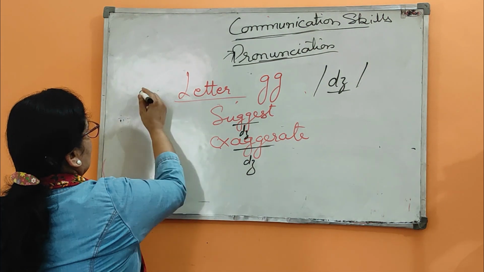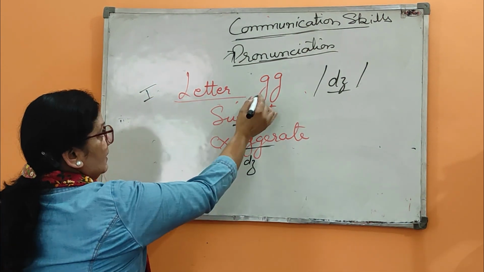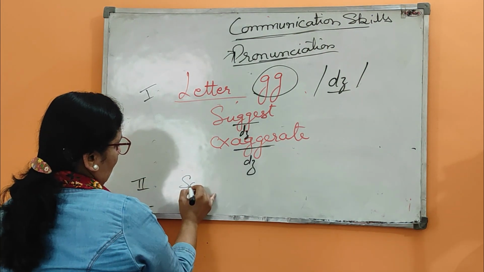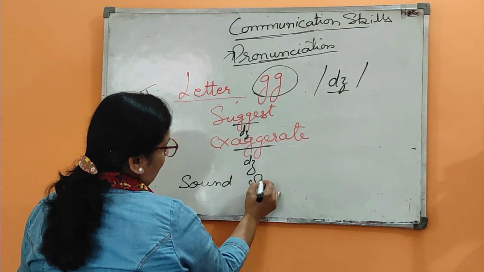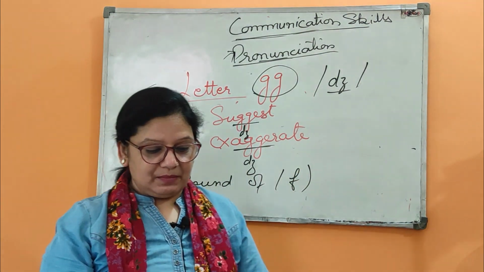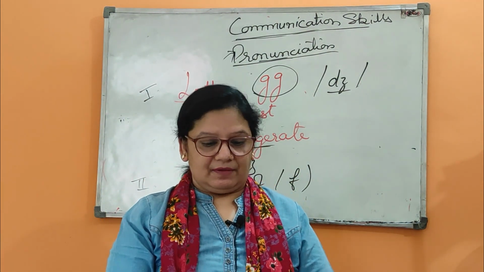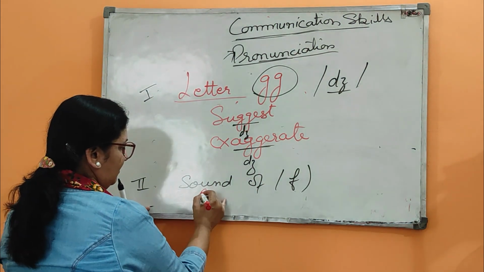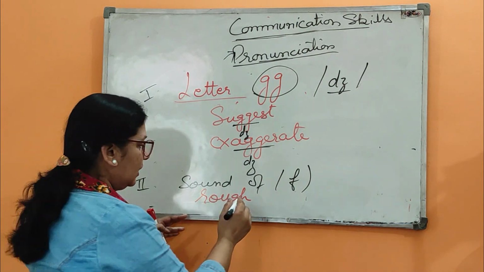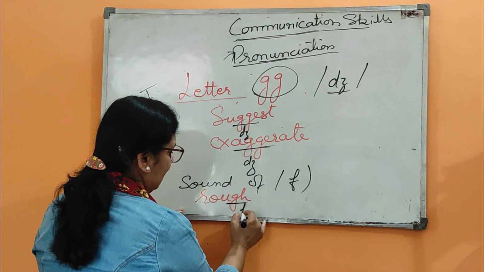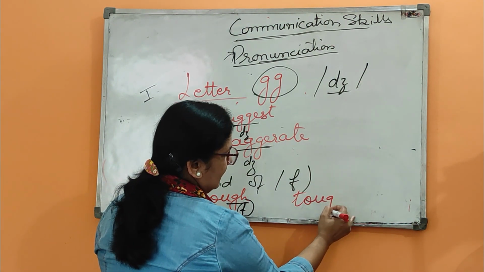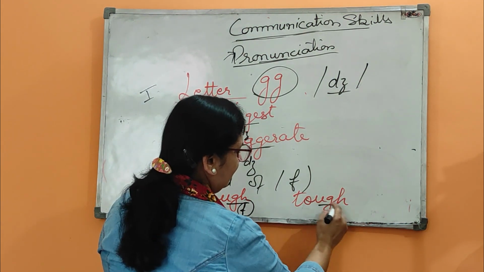This is the first one. And second is with the letter G. I am continuing with this. The second sound is the sound of F. When GH is used, it gives the sound of F. Examples are very simple. I say rough, not rook. It's rough. The sound is F. And if I say tough, it is the sound of F again.